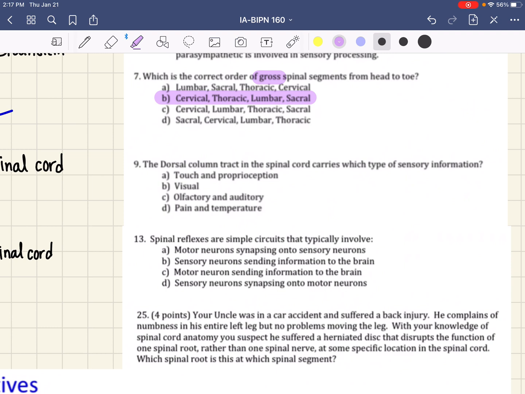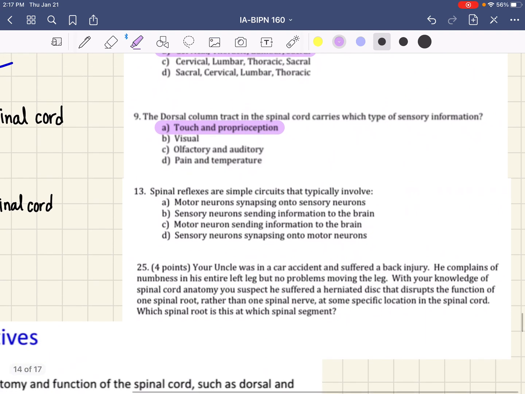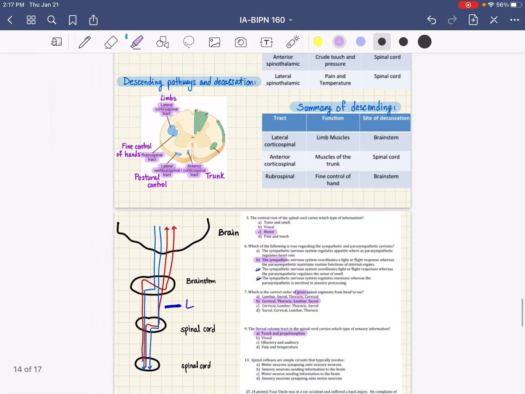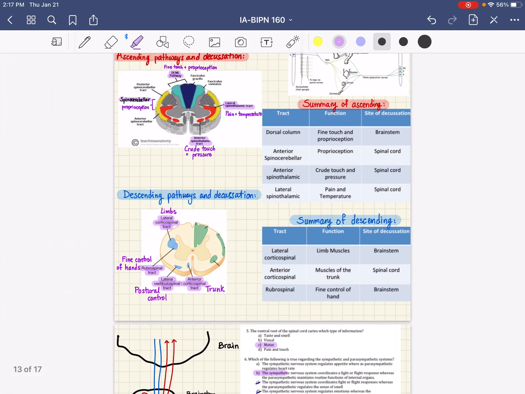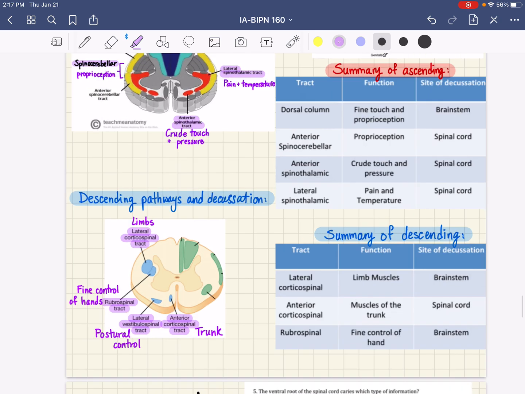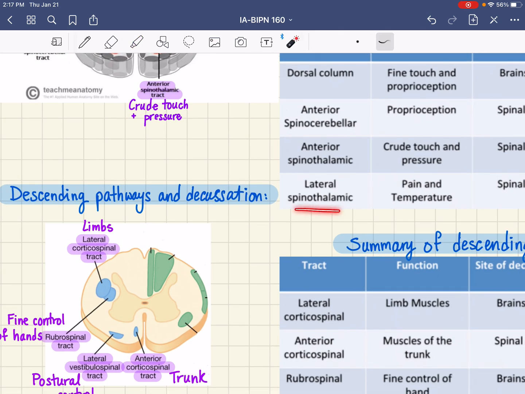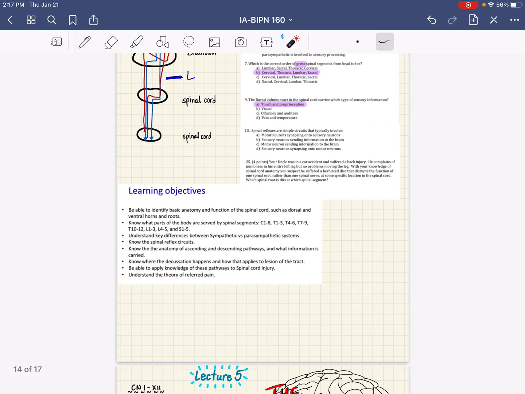It's not specified fine touch, but touch and proprioception is the closest answer. It's not visual, olfactory, and auditory, and pain and temperature, I believe, was, what was it? Lateral spinothalamic. Right there. Okay, but the answer to this one is fine touch and proprioception. All right, let's go back.